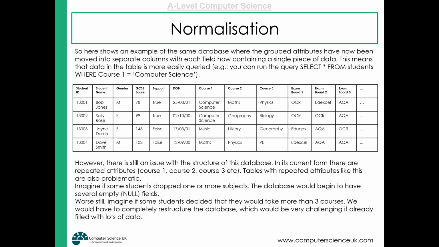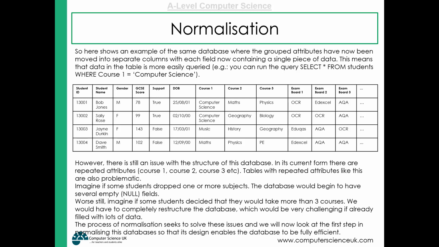And if a student wanted to enroll on another course, so a fourth course, we'd have to completely reconstruct this database table in order to actually allow that to be stored, and that could be very problematic indeed. So the process of normalization seeks to solve all of these issues, and we're now going to have a little look to see how we can go through the steps of normalization so it can be as efficient as possible.